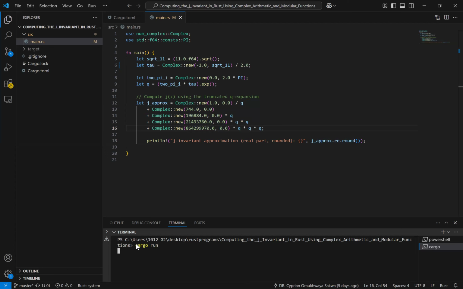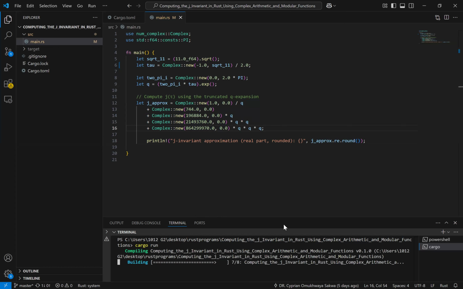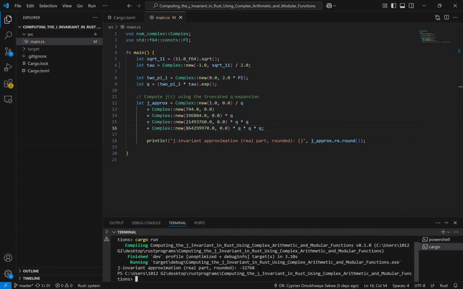So if I run it, I get negative 32,768. Negative 32,768 as the J invariant.